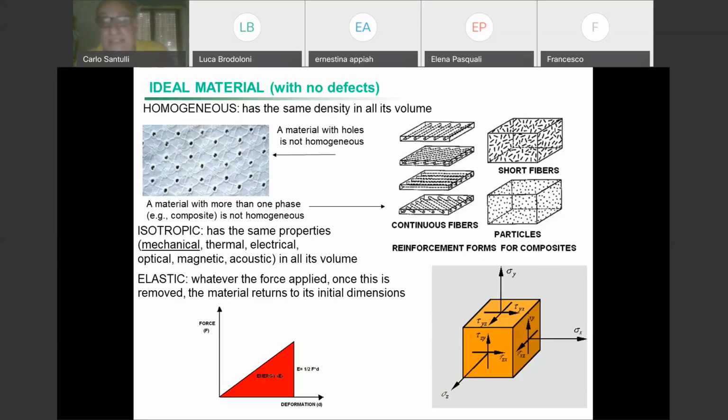Well, it's not a curve, it's more a line because it's completely elastic. And this represents the elastic energy, which is given to the material, and then it's recovered. So you apply springs because they are able to store some elastic energy, which is obtained from the triangle area as half F multiplied by V.